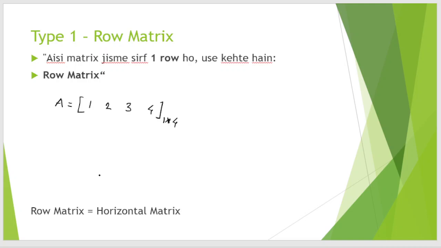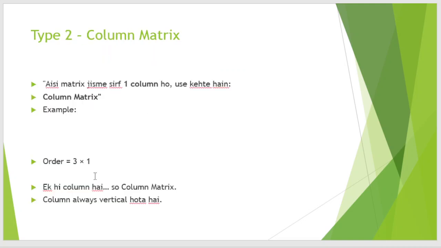Let us move to the second type known as column matrix. ऐसा मैट्रिक्स जिसमें सिर्फ एक कॉलम हो उसे कहते हैं कॉलम मैट्रिक्स। For example, I have written here order of a matrix 3 by 1, means I am going to write a matrix whose order is 3 by 1, means there are 3 rows and only one column, 1, 2 and 0.